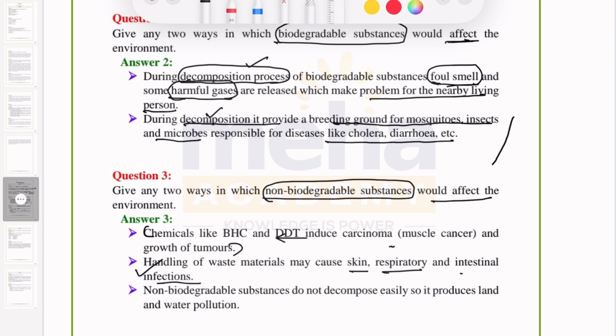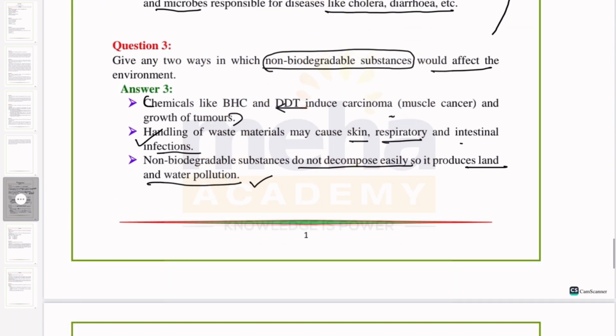So we will use as the first point that non-biodegradable substances cause skin and respiratory infections, and also, since they do not decompose easily, they produce land and water pollution. These two points we will use. Another point is that the chemicals can cause cancer in humans, but the main points are the ticked ones.